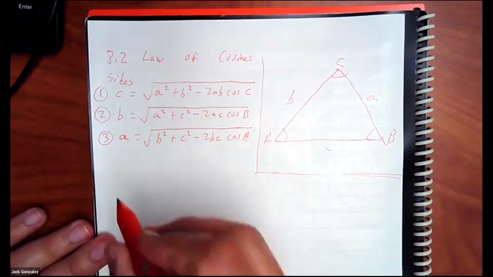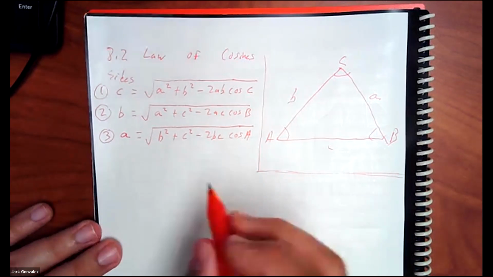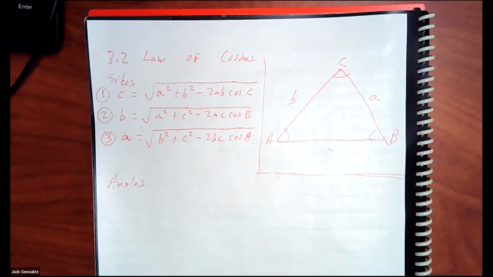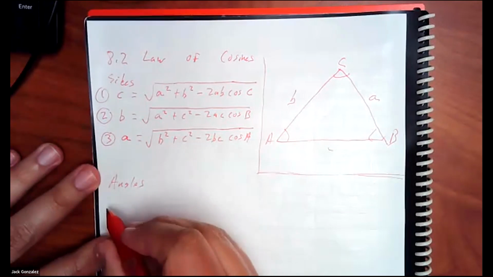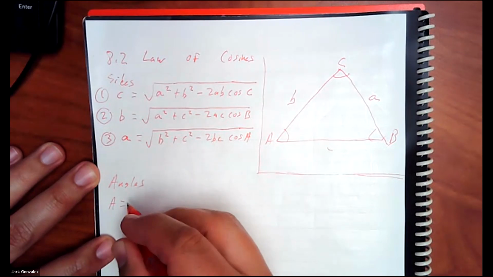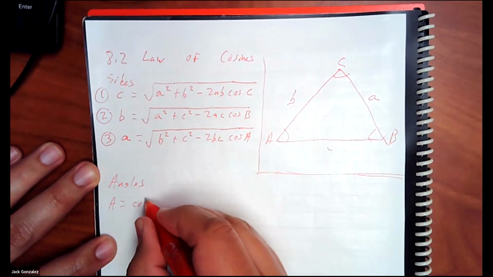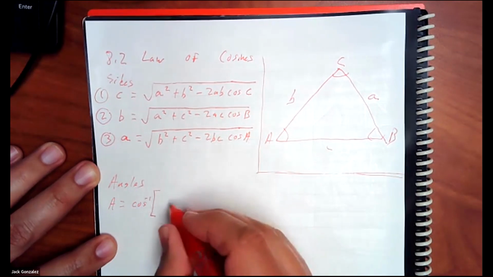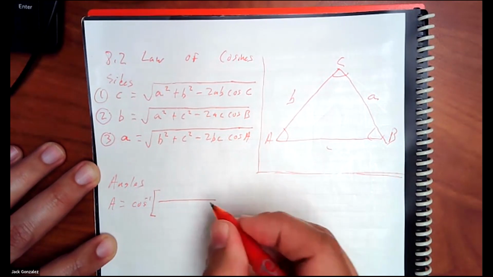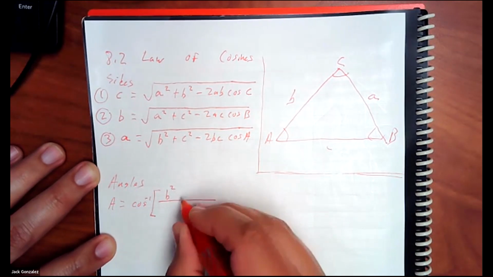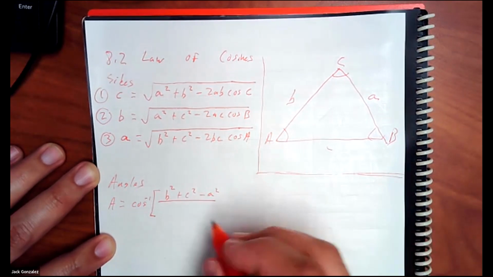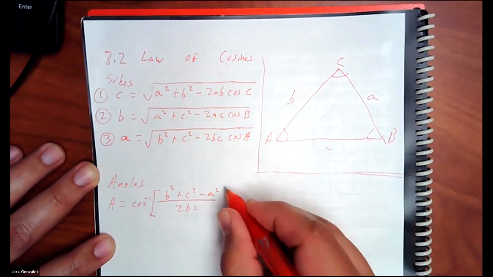All right. Angles. In order to use the angle formulas, you need to have all three sides. So capital A is equal to, I went ahead and solved for the angle for you. That way you don't have to do too much algebra. Just plug it in. b squared plus c squared minus a squared over 2bc.